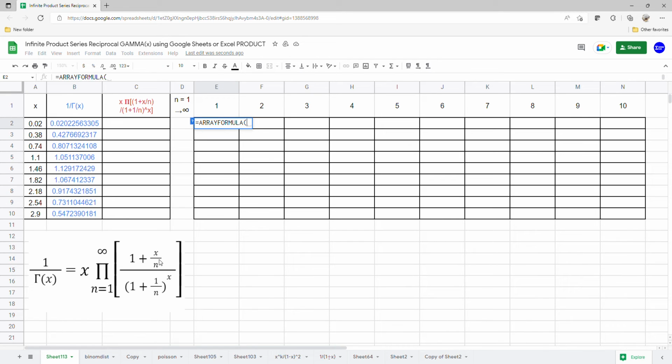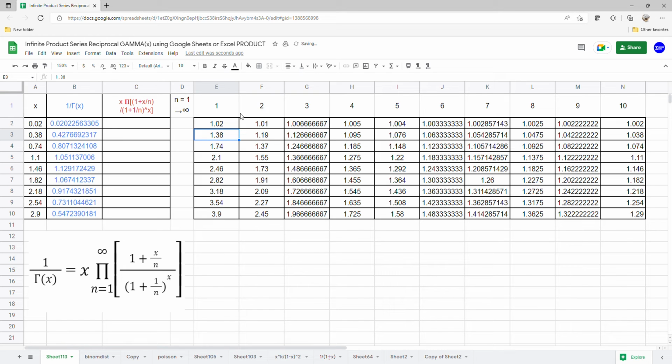Begin with the numerator, so 1 plus x divided by n. That's the numerator. We continue with the denominator.